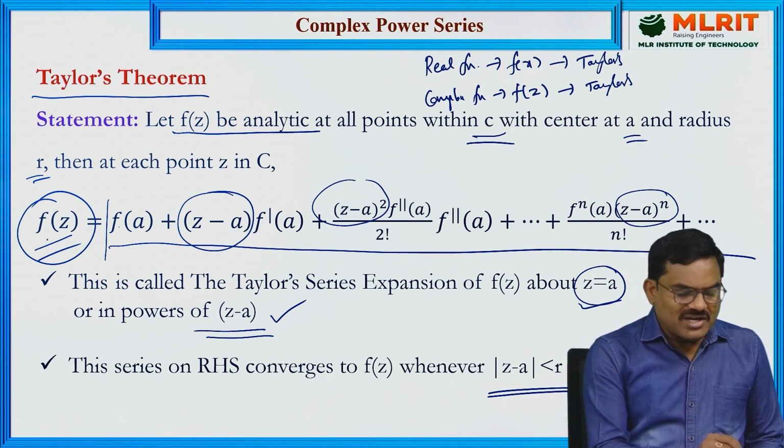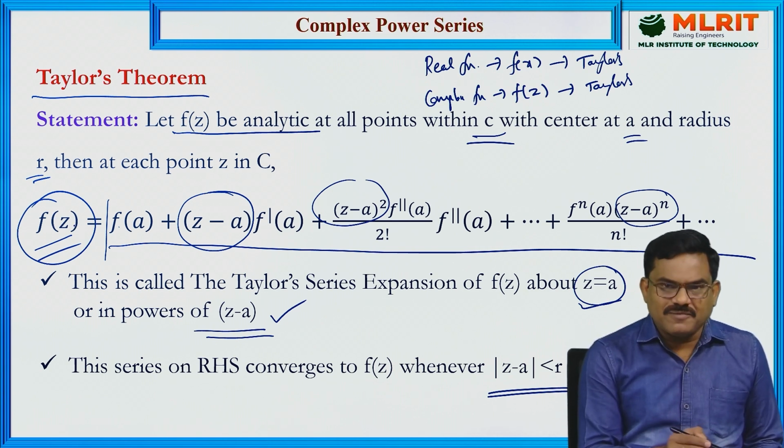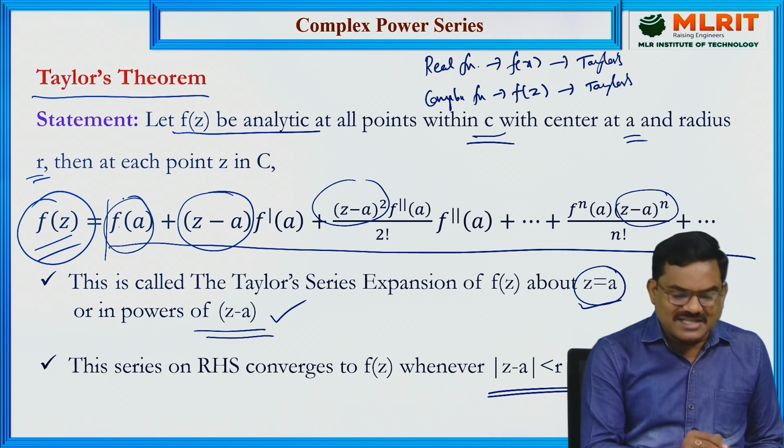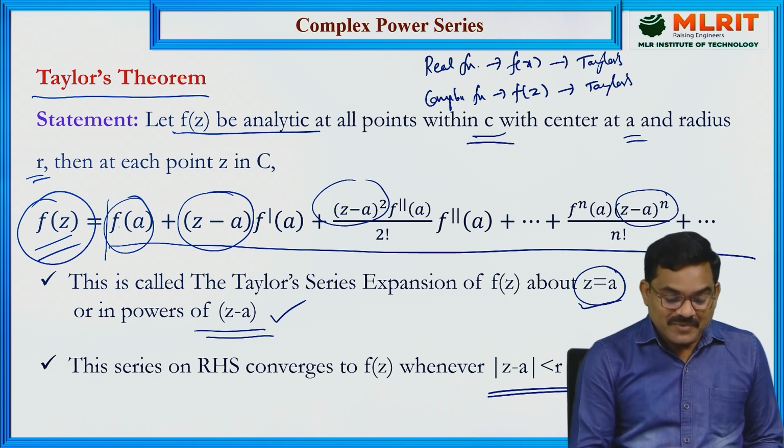Here the function f of z, we need to expand this, or we need to find the infinite series expansion of this function. So put z equal to a, f of a. The expansion starts with this constant term f of a, plus, in powers of z minus a, z minus a into f dash a.